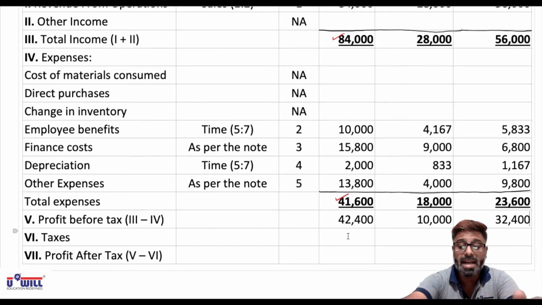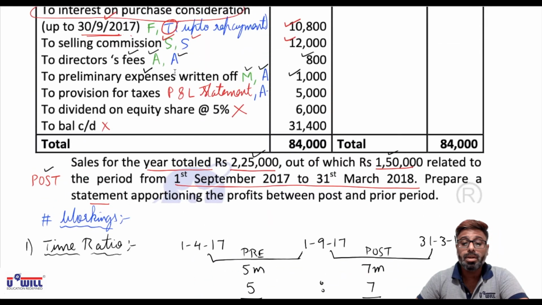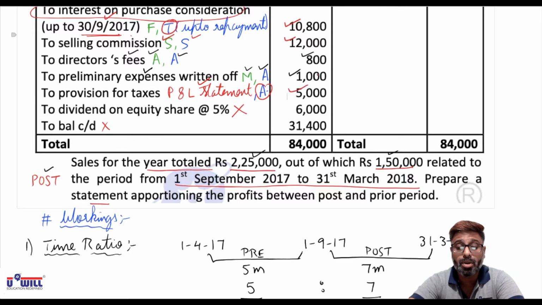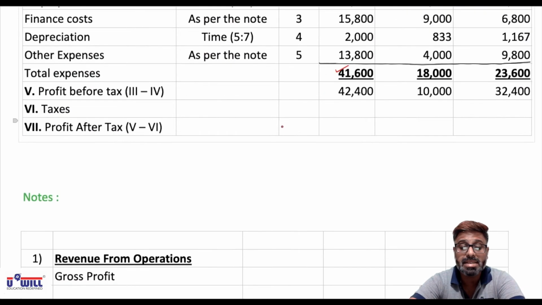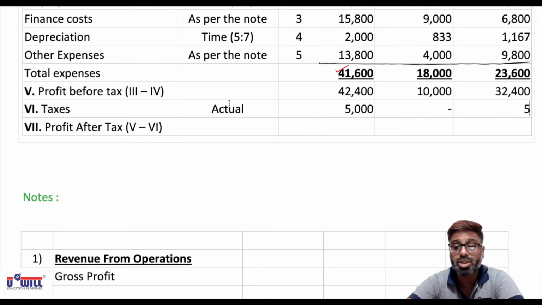Taxes. Now, the provision for taxes is given in the question, you can see here, and we have done the markings also. It will directly come in the P&L statement on actual basis, 5,000. No note number is there for it, and the entire amount of provision for tax will go in the post-incorporation period.